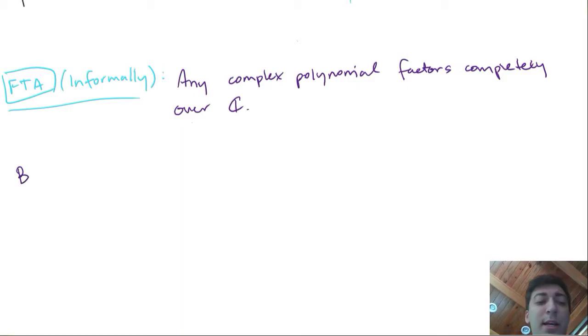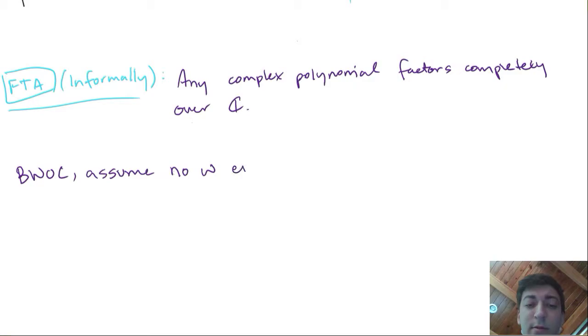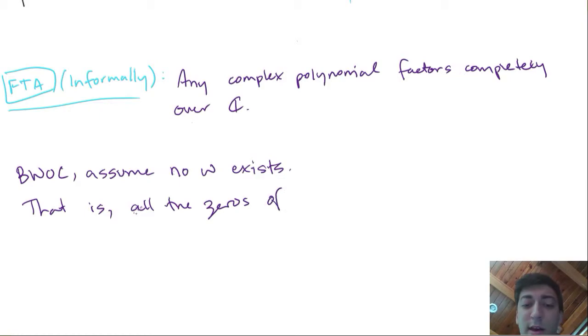So BWOC, that's by way of contradiction, assume no w exists. So that is, all the zeros of P are in the unit disk, which I'll write like that.